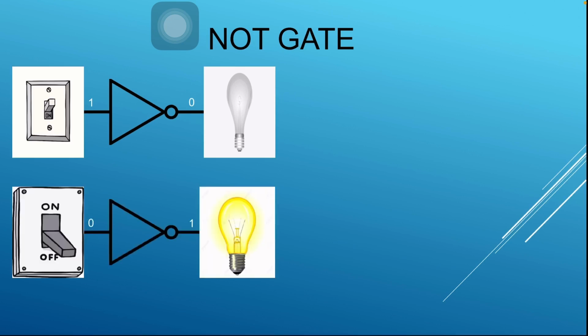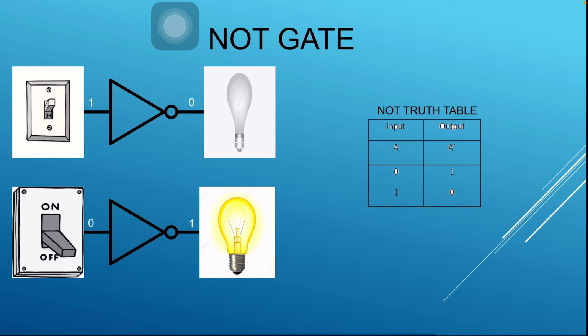Another example: if we put an input of 0, then the output will be 1. So that's the meaning of the inversion bubble. That is the purpose of the inversion bubble. It means that it inverts the output.